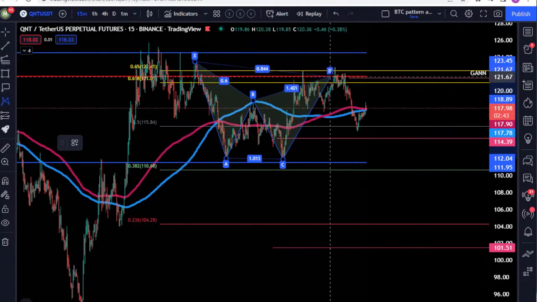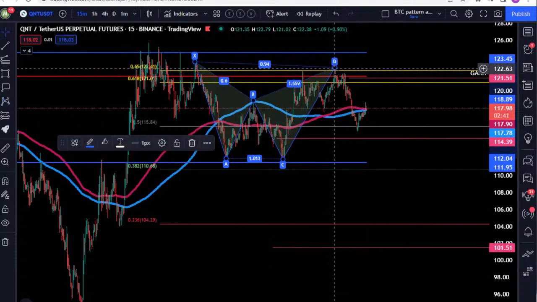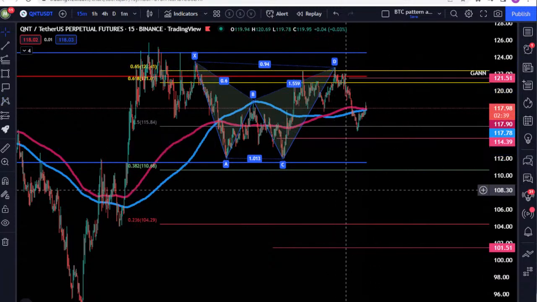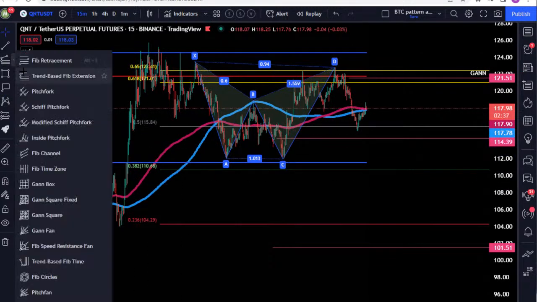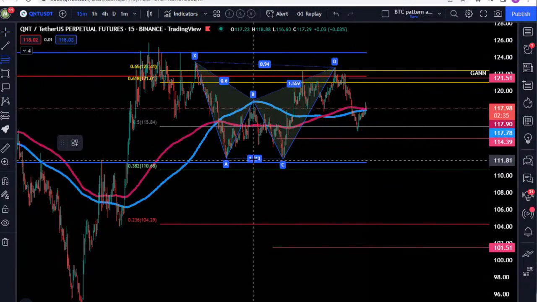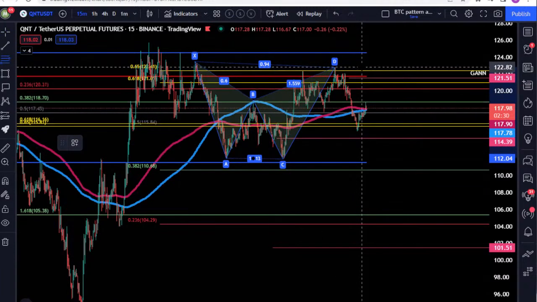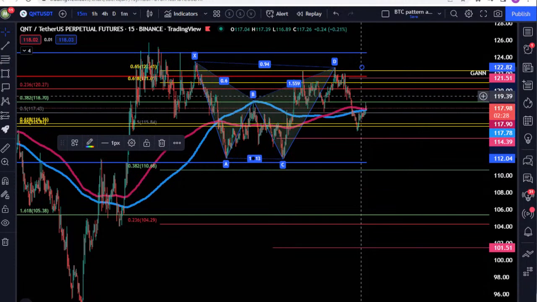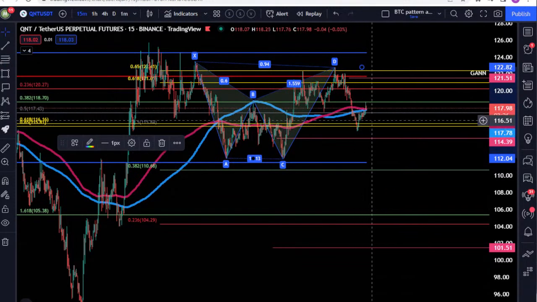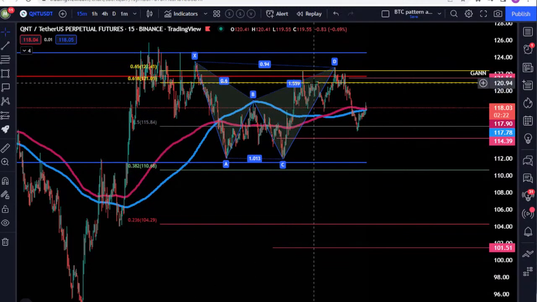Then you come all the way here and you dump, and then you say your target for this would be from A to D. Your first target 0.382, 0.5, you hit the 0.618, and that's what happens.